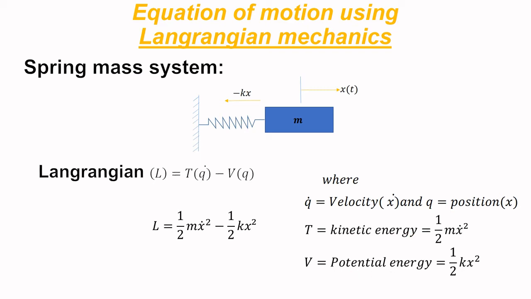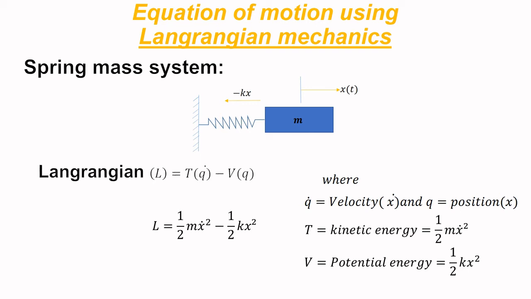So T, the kinetic energy, is a function of q dot. q dot is nothing but velocity, so it can also be written as x dot, and this is q, and we can also represent q with the help of x. So T is a function of velocity and potential energy is a function of position, as we already know.